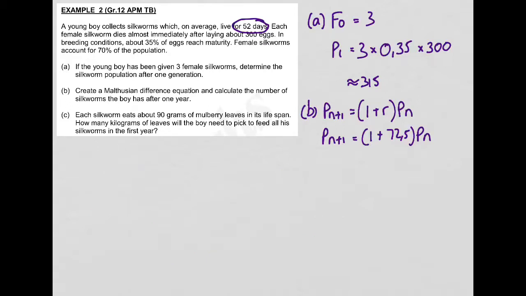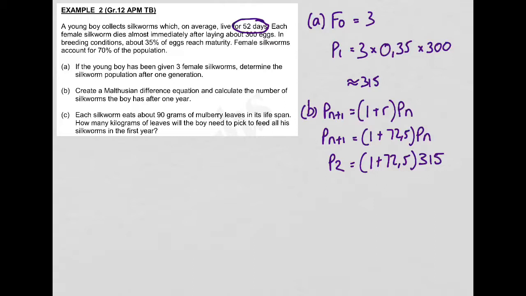Right, so we now know we've already got population 1 in point A. We worked out that population 1 was 315 from the initial population of 3. So now we're effectively working out population 2. So population 2 would equal 1 plus 72,5 of population 1, which was 315. So at this point, you put 315 on your calculator, and you put that into memory.